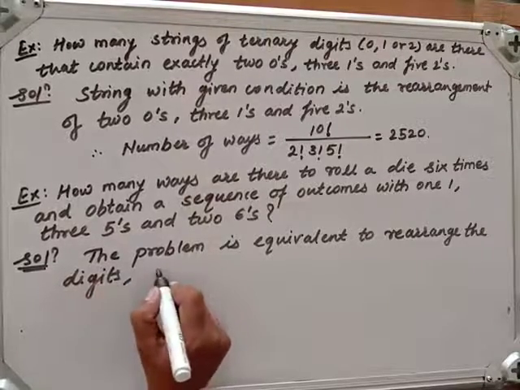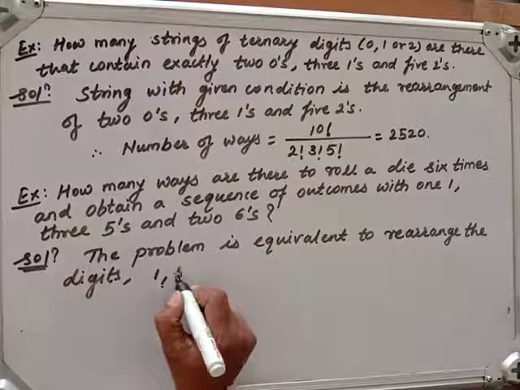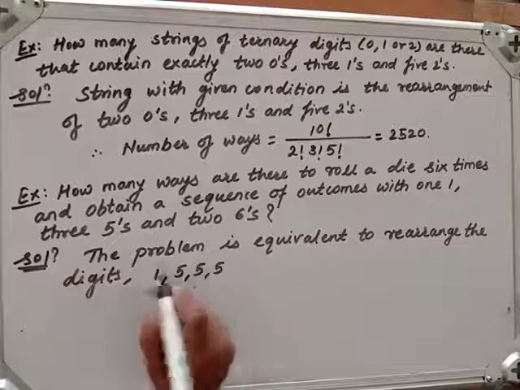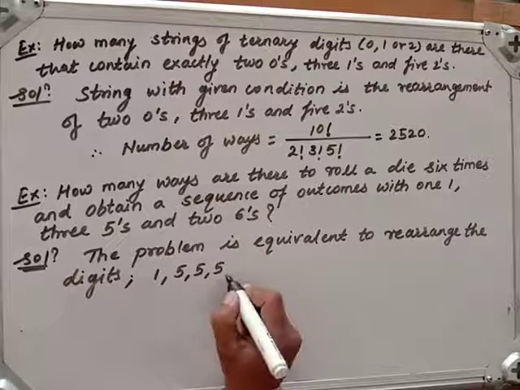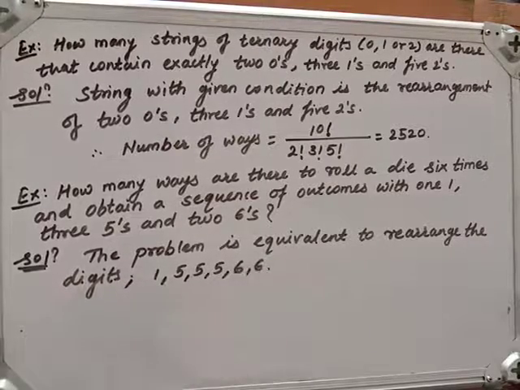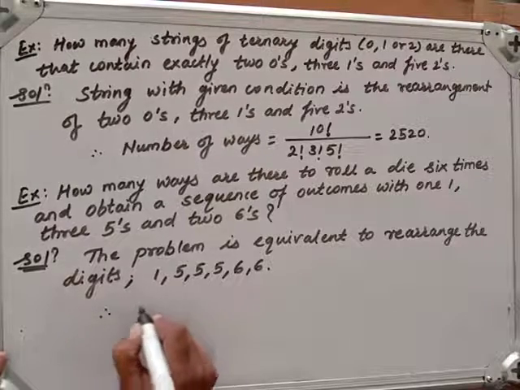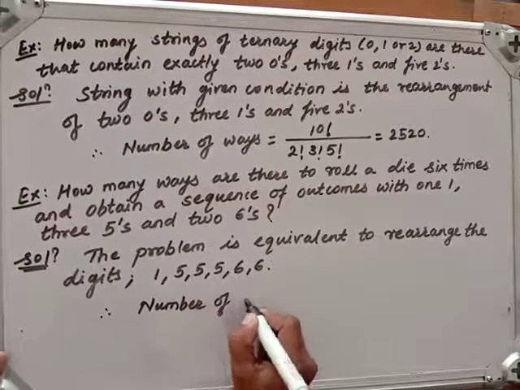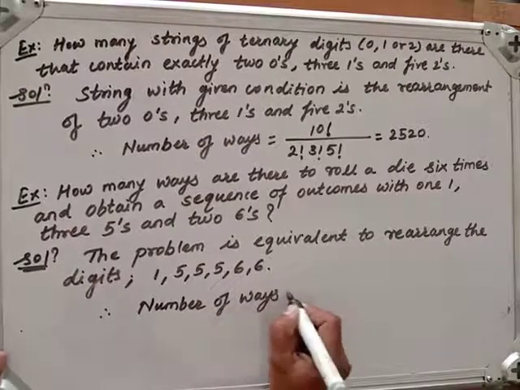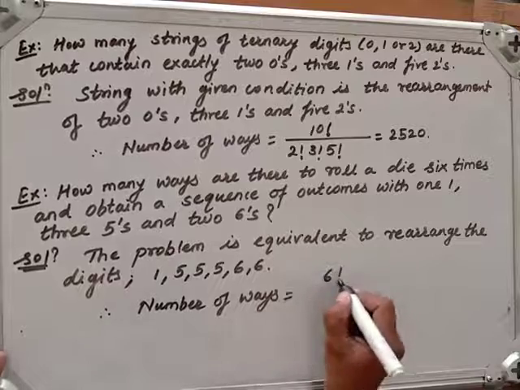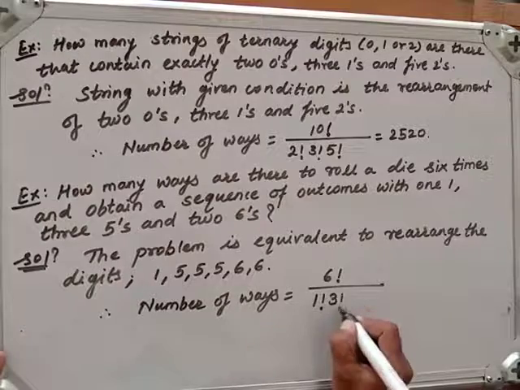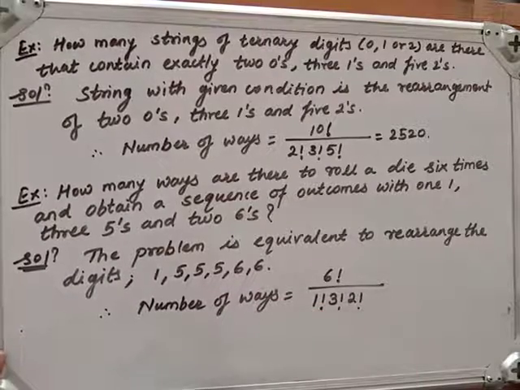Which digits? 1 once, 5 three times, and 6 twice. Therefore, number of ways are how many here? Total objects 6, so 6 factorial upon 1 comes once, 5 comes thrice, so 3 factorial, 6 comes twice, so 2 factorial. These many ways to arrange them.